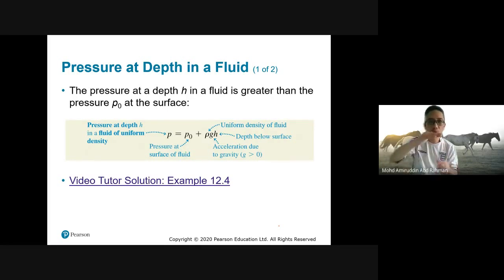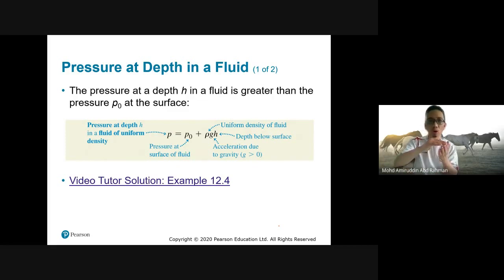You have a pressure at the top, at the surface of the ocean, and down there you want to calculate the pressure. The pressure over here will account for the height between the surface and the point where you are measuring the pressure.